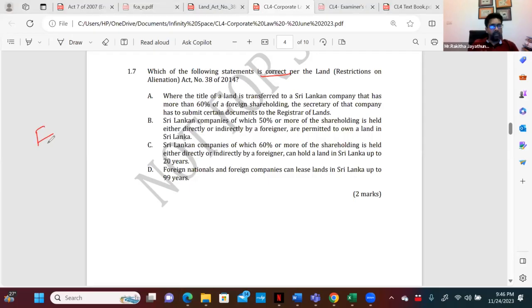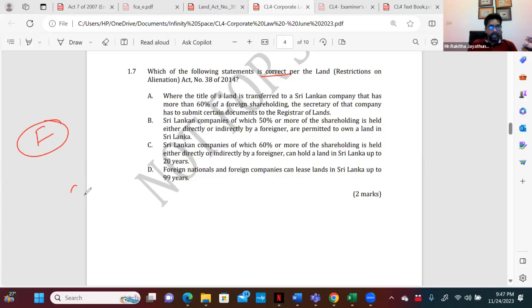Foreigners cannot buy properties in Sri Lanka, but they can acquire properties on lease for a maximum period of 99 years. You can go for a 99-year lease. Otherwise, foreigners cannot buy properties in Sri Lanka.